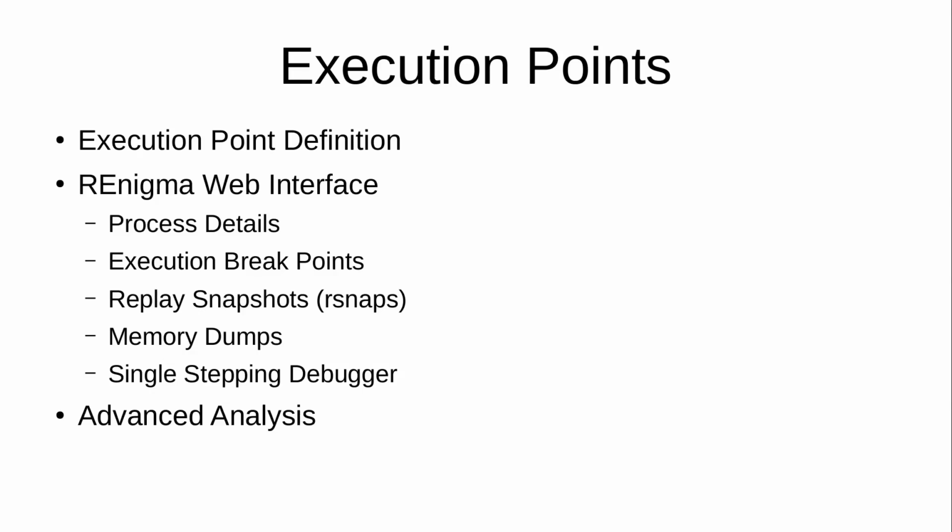Execution points can be used by REnigma users as anchor points for a specific event. These anchors can be anything that happens on the system, including system calls, memory writes, and much more. You can then use a variety of techniques in REnigma to pivot to other execution points.